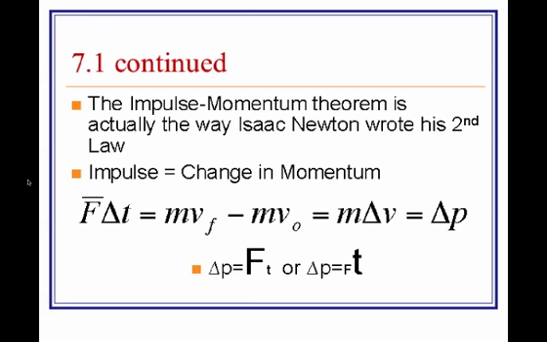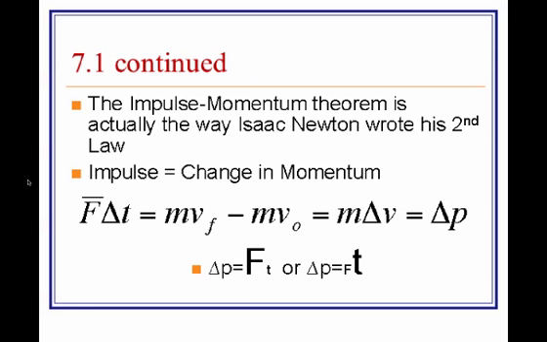The other idea here is that for the same change in momentum, for example, a bowling ball being dropped to the ground and stopping, you can either have a large force applied over a short period of time. This would be for the bowling ball hitting a hard surface.